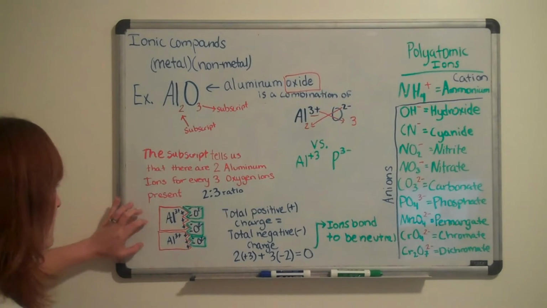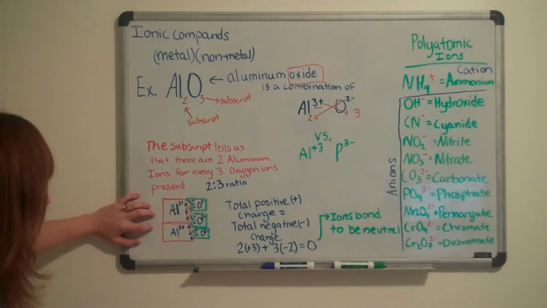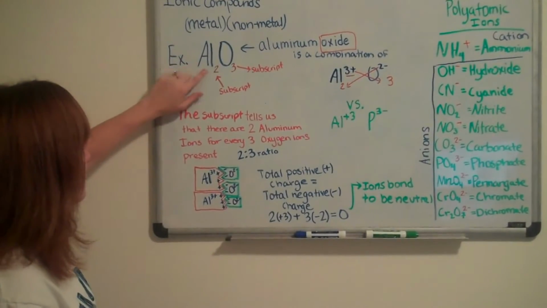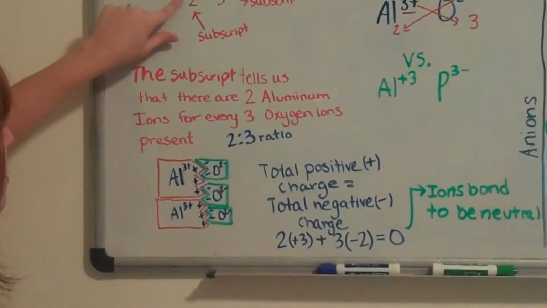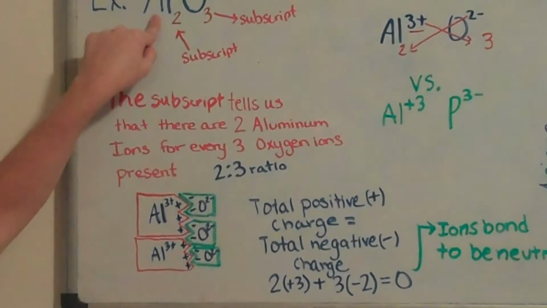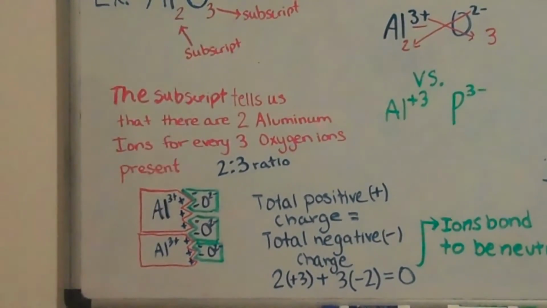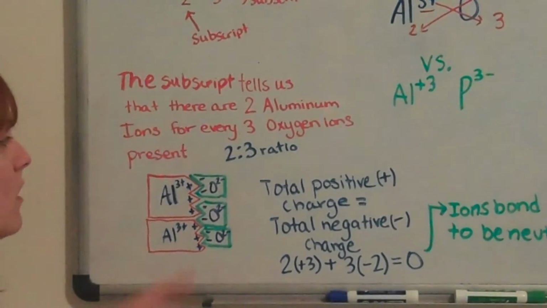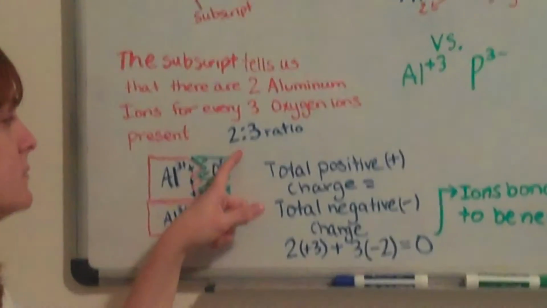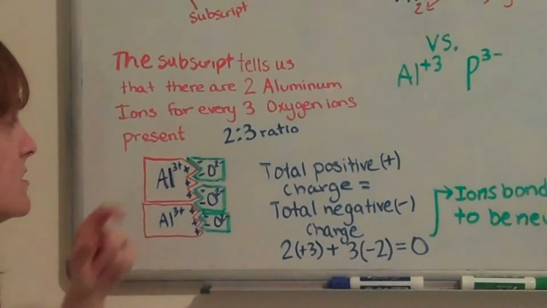If you look down here at my example, this means that there are 2 aluminum ions present for every 3 oxygen ions. So it's a ratio of 2 to 3, 2 aluminums per every 3 oxygens.